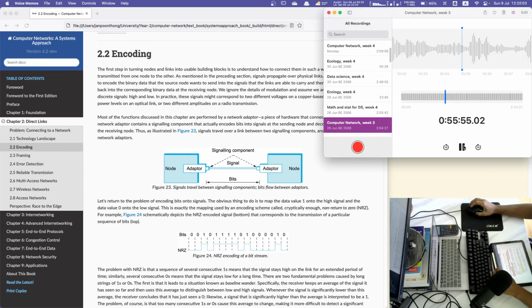To distinguish between low and high signal. So the decoding section calculates the average power of the signal, called the baseline. Based on the baseline, the receiver distinguishes which is low signal and which is high signal. A long string of 0s or 1s can cause drift in the baseline, called baseline wandering.